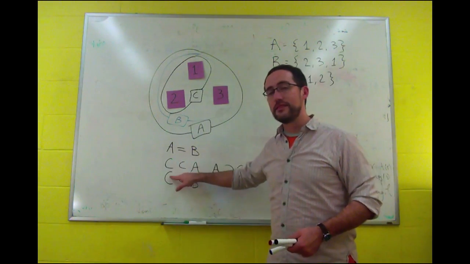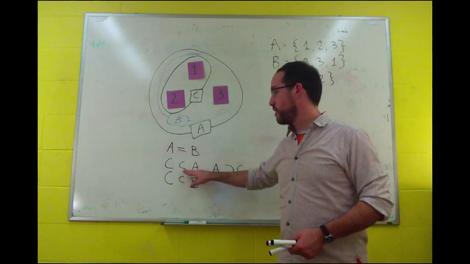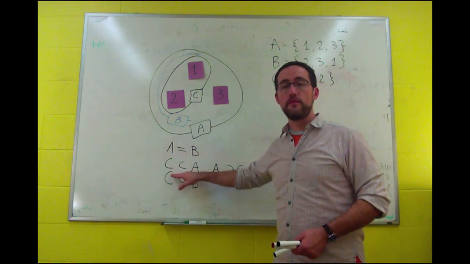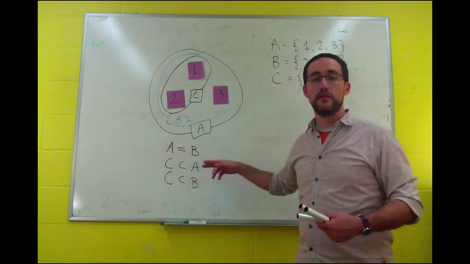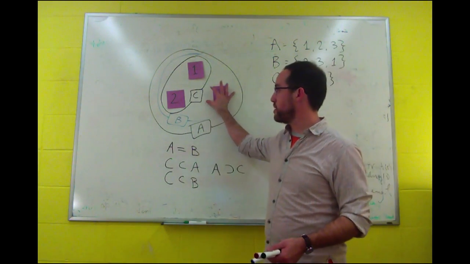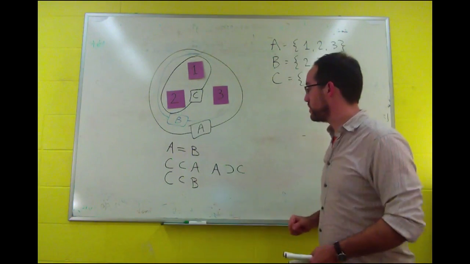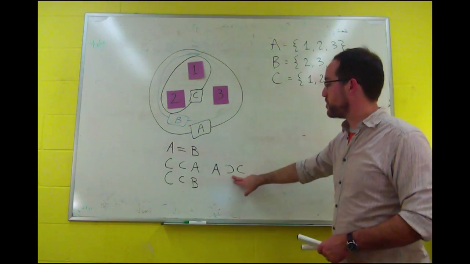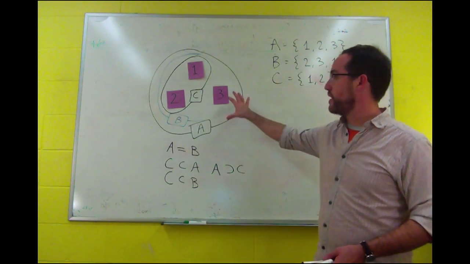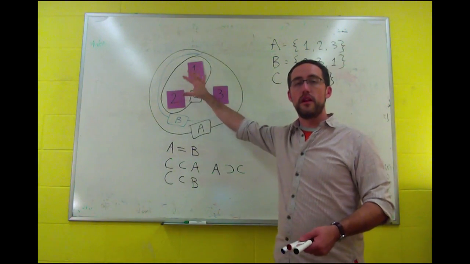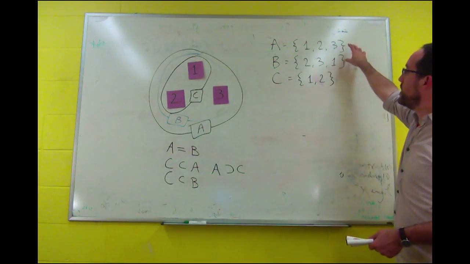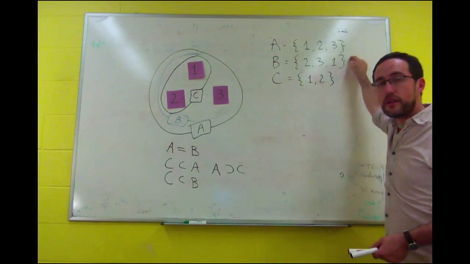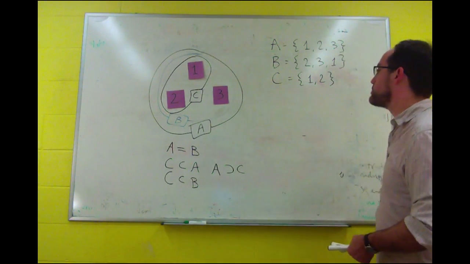That is to say, every member of C is a member of A, and they are not equal. This is only true if A has members that C does not. Likewise, A is a proper superset of C if A has members that C does not, but every member of C is in A. And anything that applies to A will apply to B because they're identical sets.